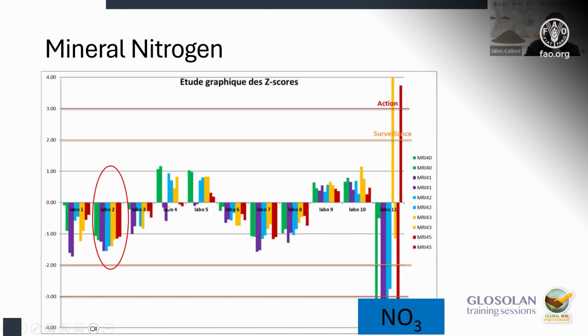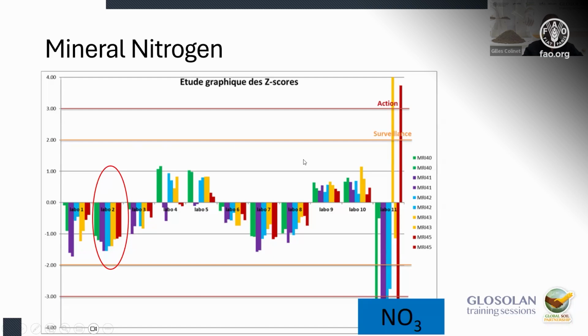And if you are under, it means that you are globally giving results that are under the reference value. If you are over this line, you give a higher value than what is expected. And so these are the limits that are fixed here.